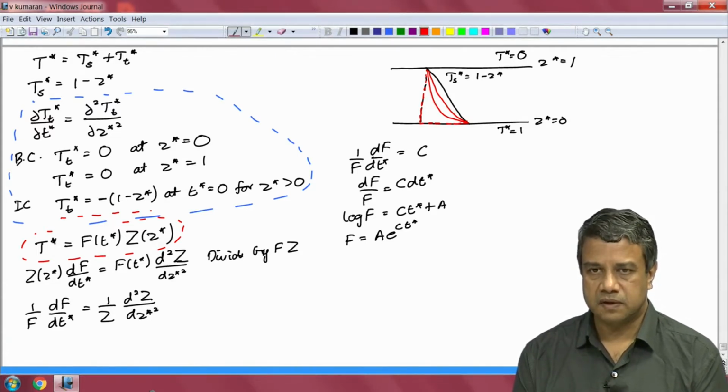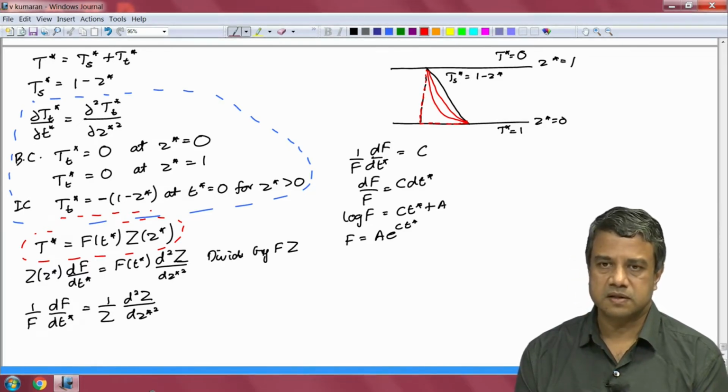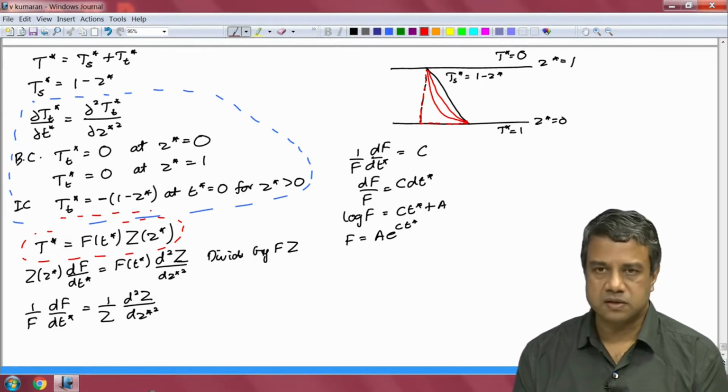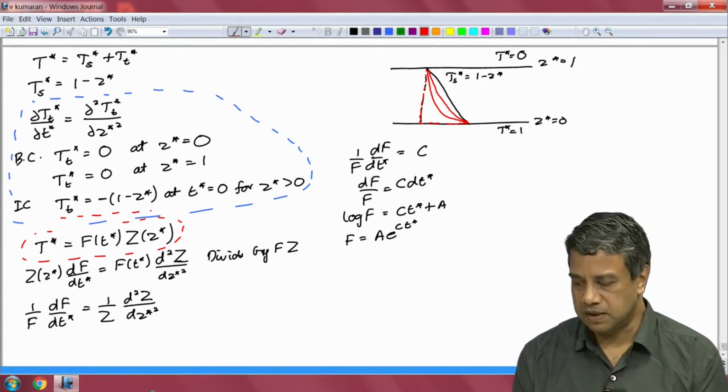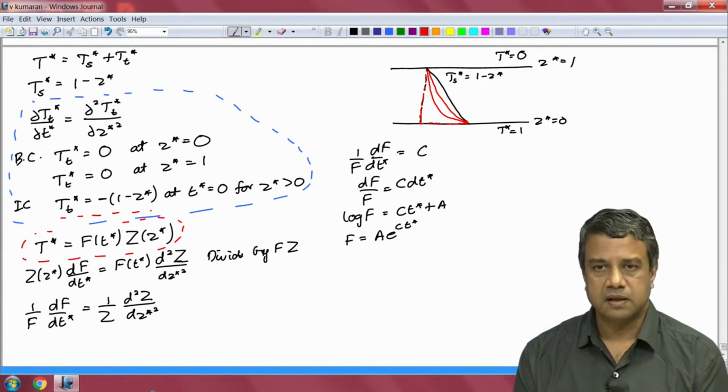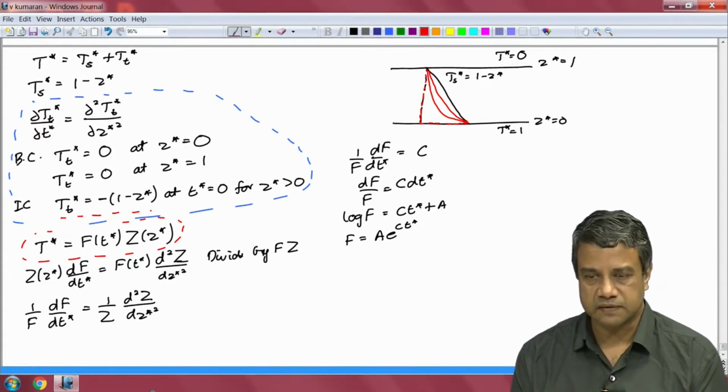In the limit of long time, you would expect the solution to be equal to the steady solution, which means the transient solution has to decrease to 0. If this constant c is positive, the transient solution is exponentially increasing and therefore does not decrease to 0. The transient solution decreases to 0 only if c is negative, in which case you get an exponentially decreasing function.